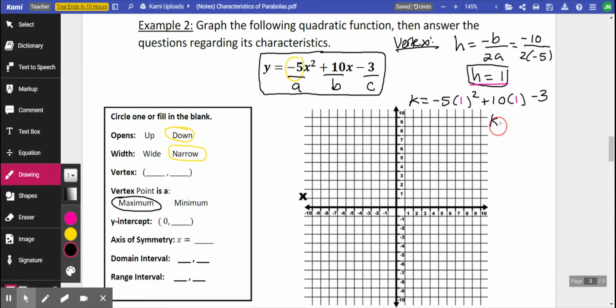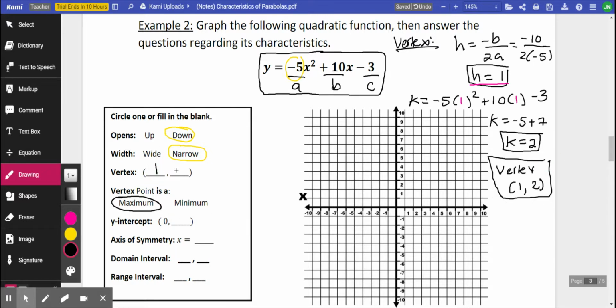So my k value would be -5 plus 10 minus 3, which is 7. So it's -5 plus 7, so my k value would be 2. Okay, so I found my vertex. My vertex is hk. So my vertex is 1, 2. And that's actually one of the questions that they're asking on the left-hand side.